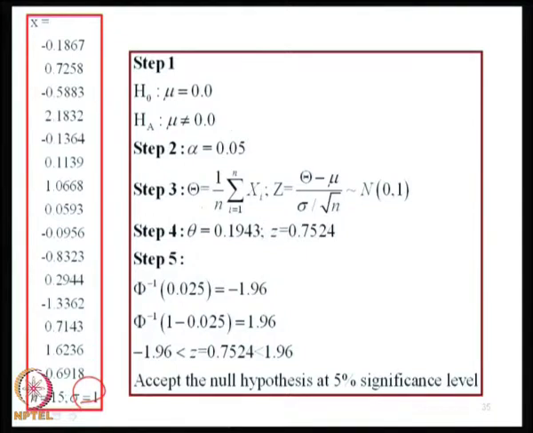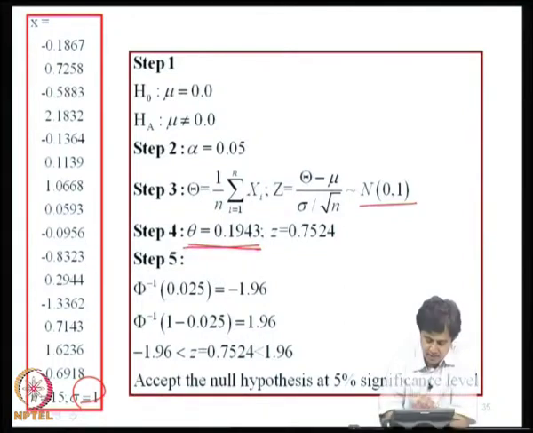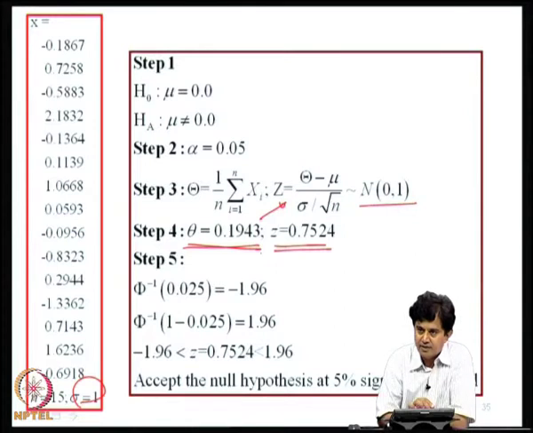So the estimator is 1 by n sum of xi, and the statistic is theta minus mu divided by sigma divided by square root n, which is normal 0, 1. So based on these numbers I get the point estimate for the mean to be 0.1943, and substituting that into this and using n equal to 15 I get the realization of z to be 0.7524.